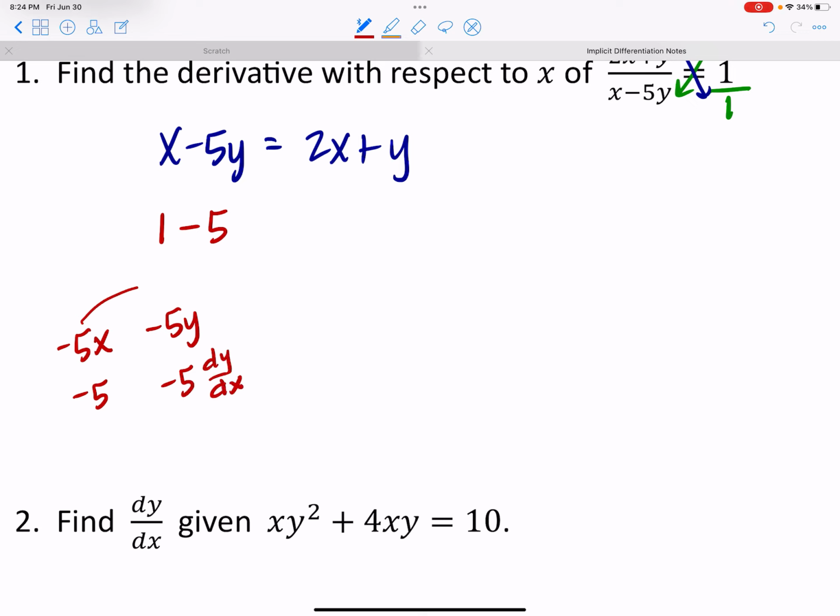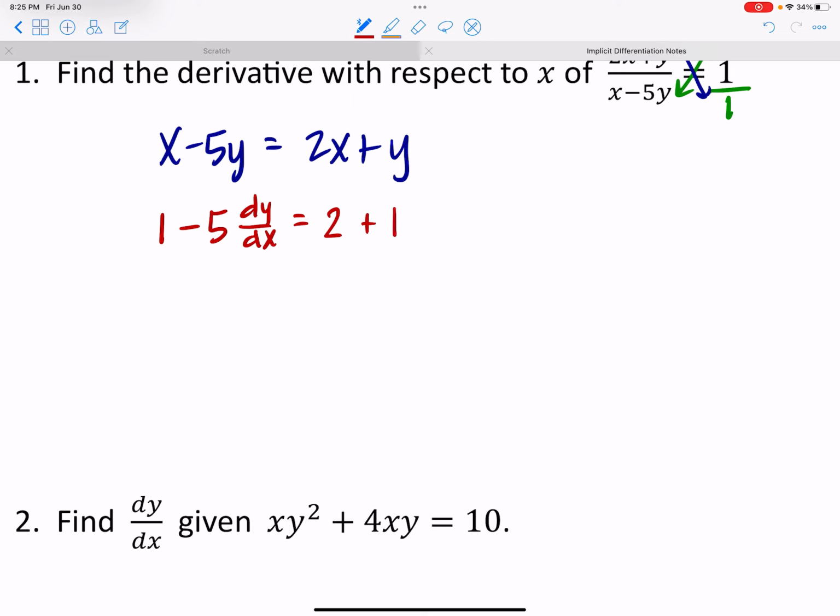So we're doing the same rule here, but as soon as this changes to something other than x, like a y, we got to multiply by its derivative. So the derivative of negative 5y is going to be negative 5 dy dx. And then the derivative of 2x is just going to be 2. And the derivative of 1y would just be 1, and then a dy dx.